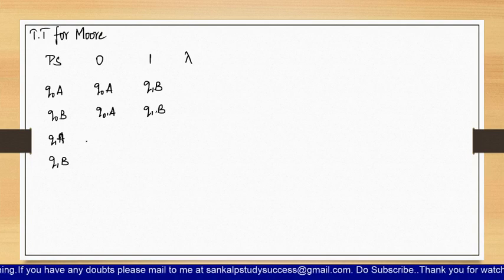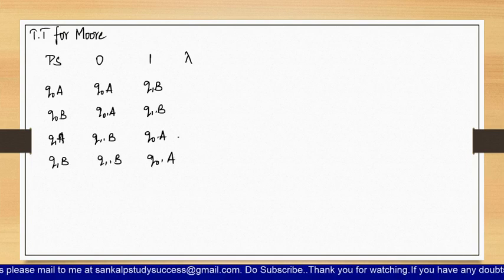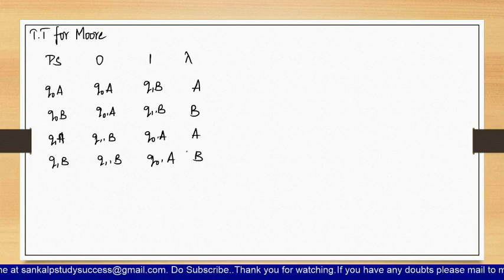Then for Q1A we got Q1B, and then here we got Q0A. Then for Q1B, by applying 0 we got Q1B, and then we got Q0A. And also we have got the lambda, which is nothing but A, B, A and B. So this is the transition table for Melay machine.